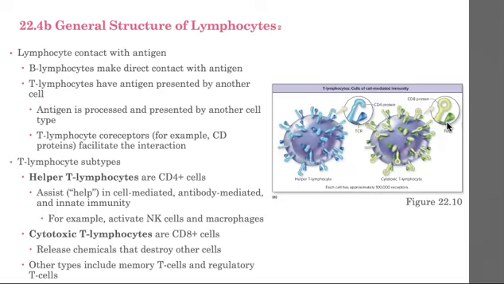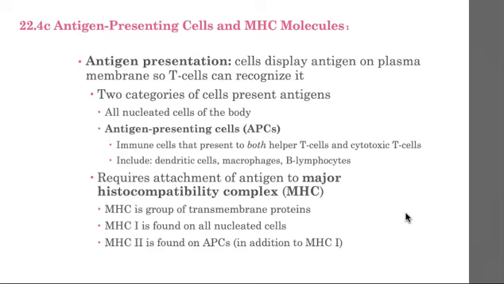And once they're activated, they release chemicals that will destroy the other cells, so a pathogen. We do have some other types of T cells, like memory T cells and regulatory T cells. We'll talk about them a little bit later.